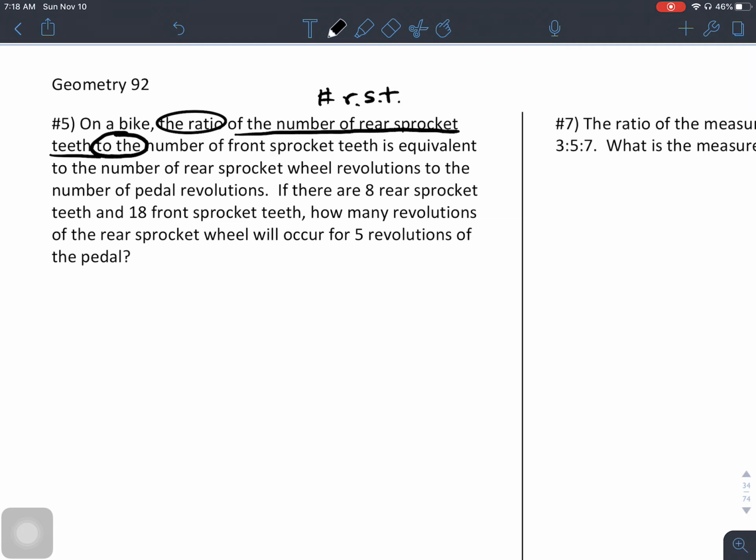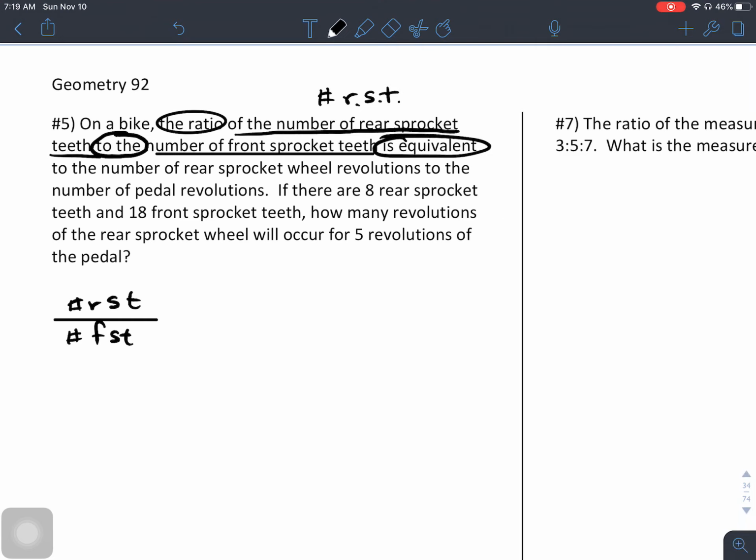That "to the" is really important. The "to the" signifies that we are done with the numerator and we're now talking about the denominator. Number of front sprocket teeth, let's write that down right now.